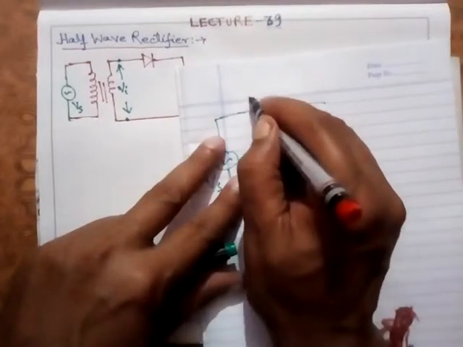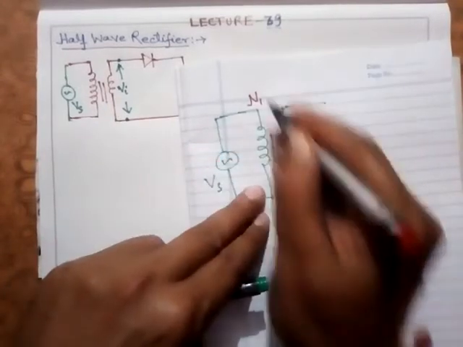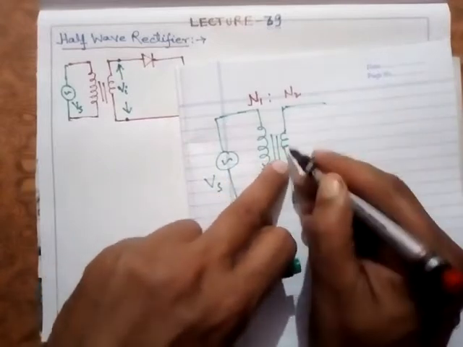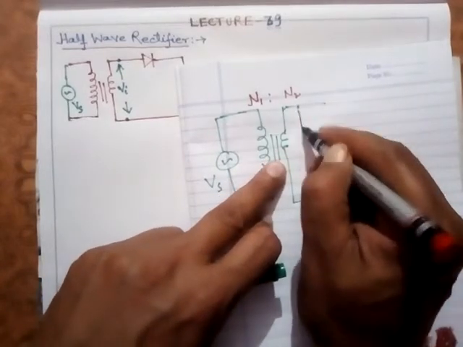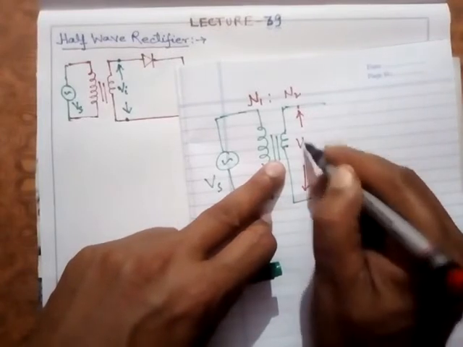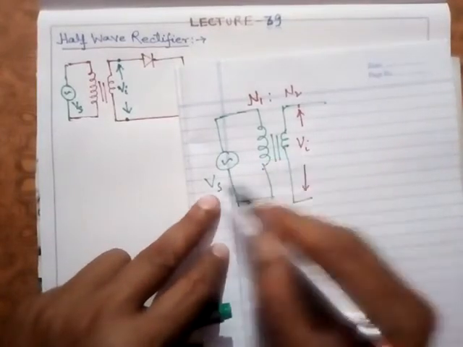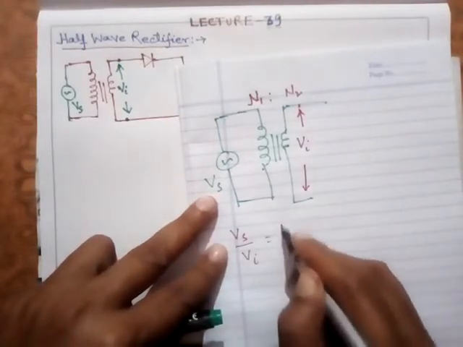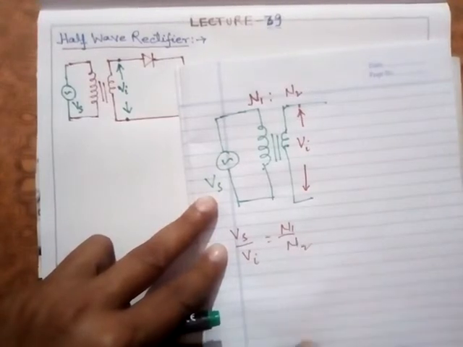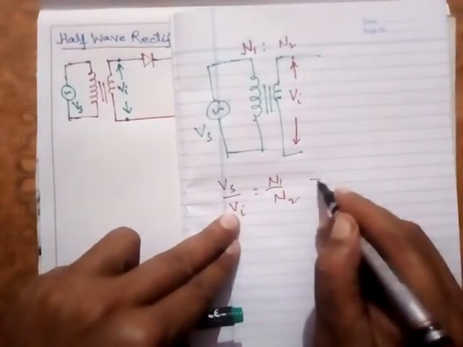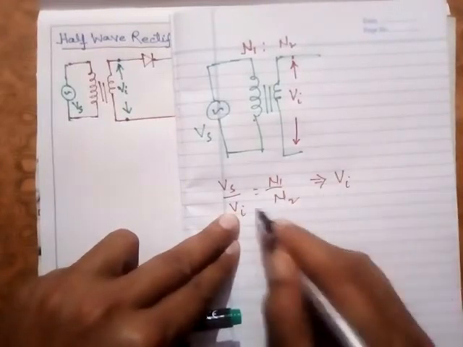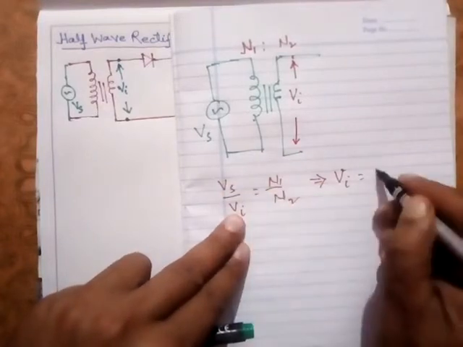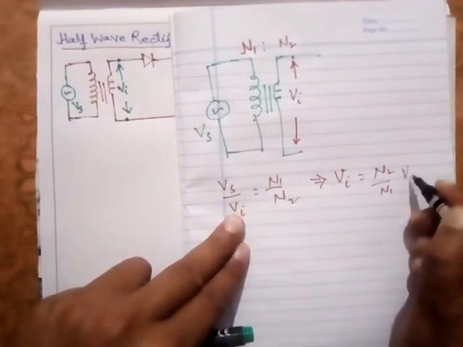Suppose the primary has N1 turns and the secondary has N2 turns, and the input here is Vi. These are V1 and V2. So V1 upon V2 is equal to N1 upon N2. That is, Vs upon Vi is equal to N1 upon N2. This implies that Vi is equal to N2 upon N1 into Vs.